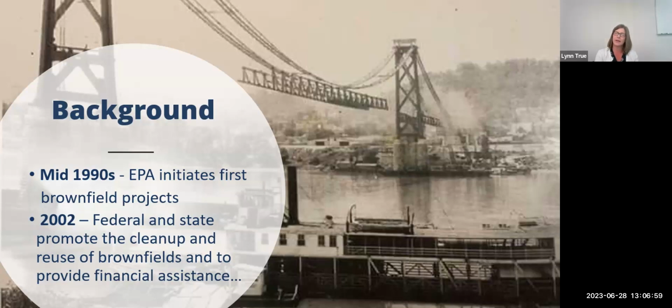Then in the early 2000s, several laws were passed to establish programs that would provide financial and technical assistance to help get these properties back up and going. That is the background for what these properties are and why they are a problem, and why, unfortunately, local governments tend to shoulder most of the burden of these types of sites.